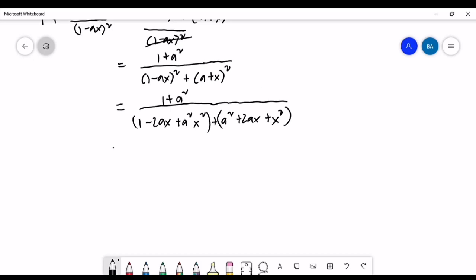Then let's copy the numerator. So we could cancel out the 2ax. Then we have the remaining 1 plus a squared plus a squared x squared plus a squared plus x squared.